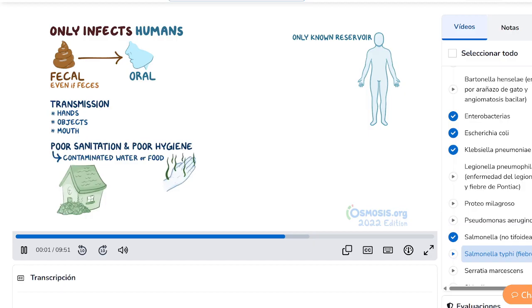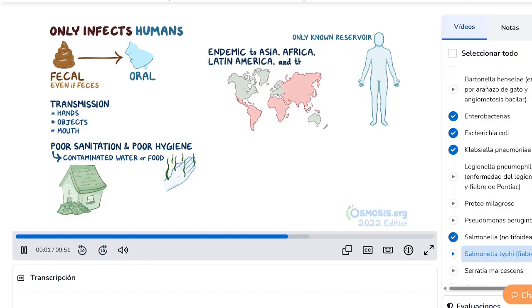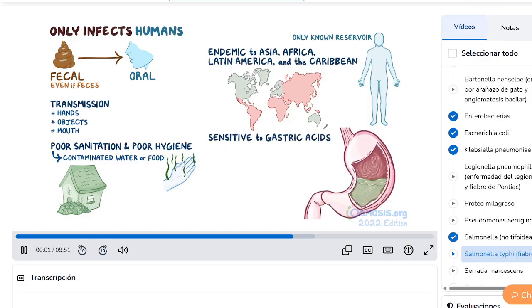It also seems to be particularly endemic to Asia, Africa, Latin America, and the Caribbean. Finally, S. typhi is sensitive to gastric acids, so it takes a large inoculum of around 100,000 microorganisms to cause an infection.